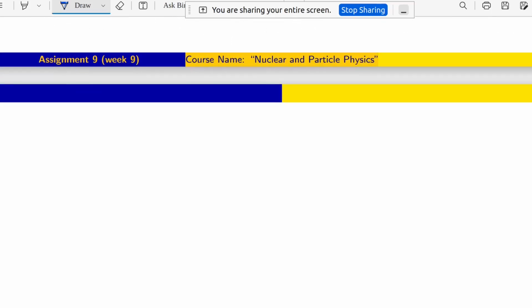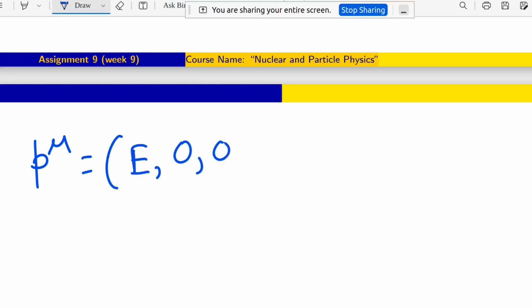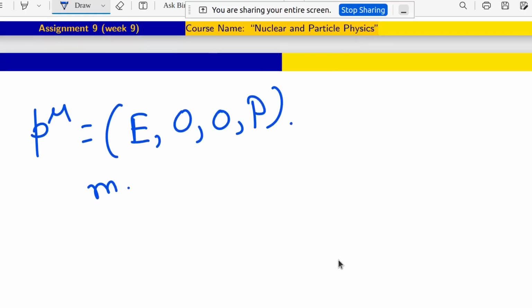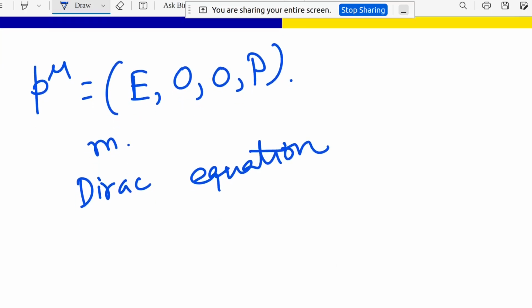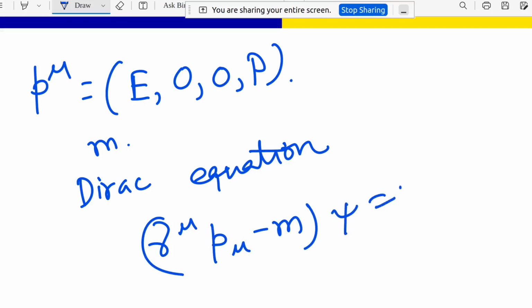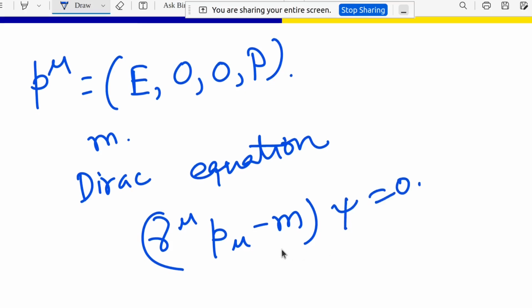So I am just going to write here: P mu is E, 0, 0, P, and the mass is m. So what is the Dirac equation in general? For the four-momentum case, it will be gamma mu P mu minus m psi equals 0.